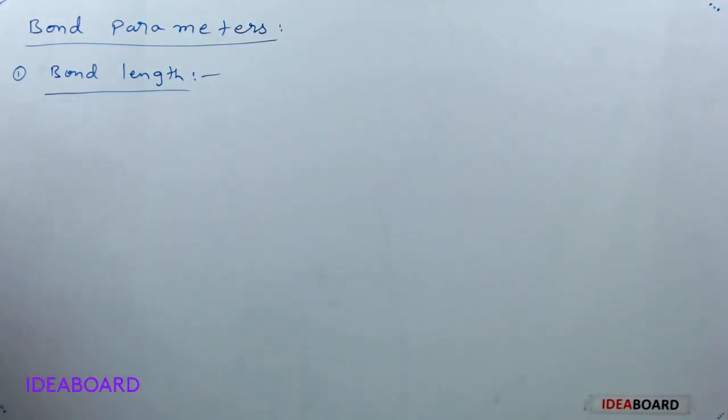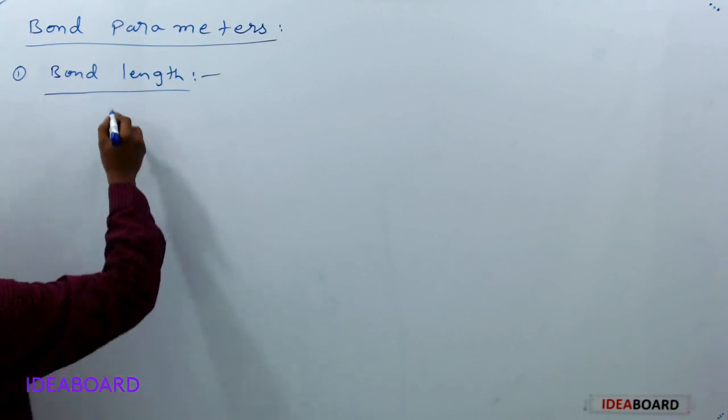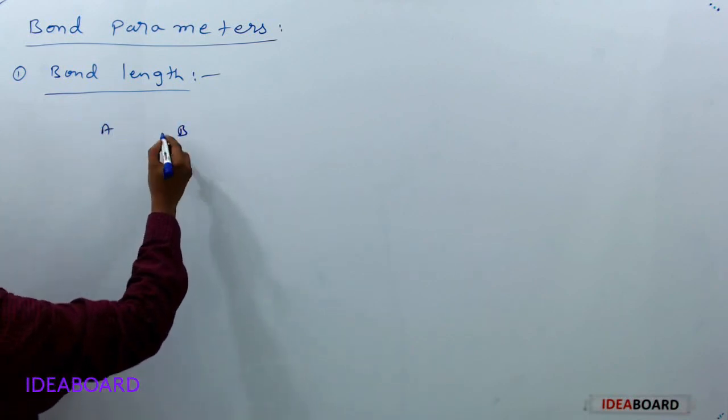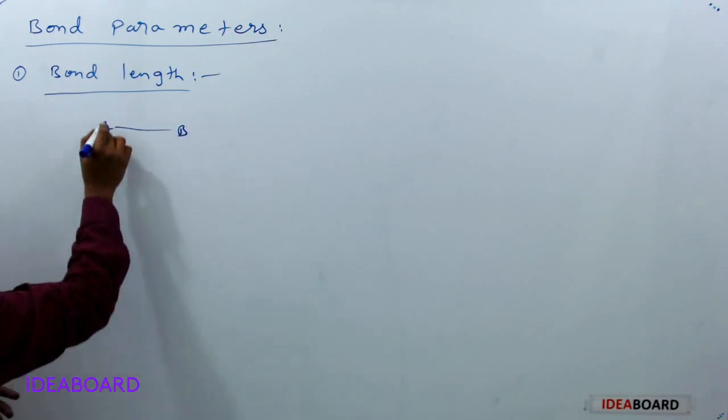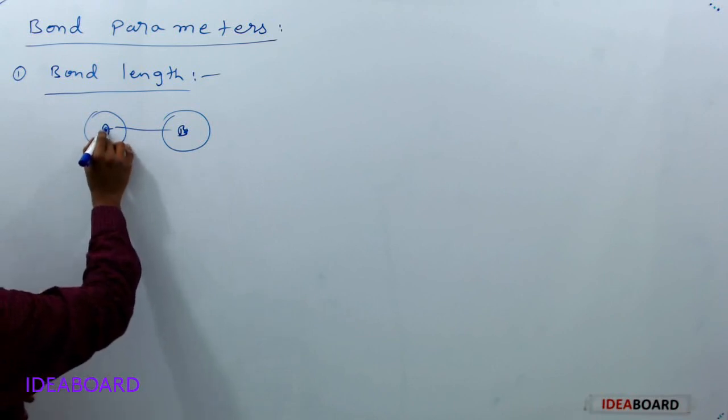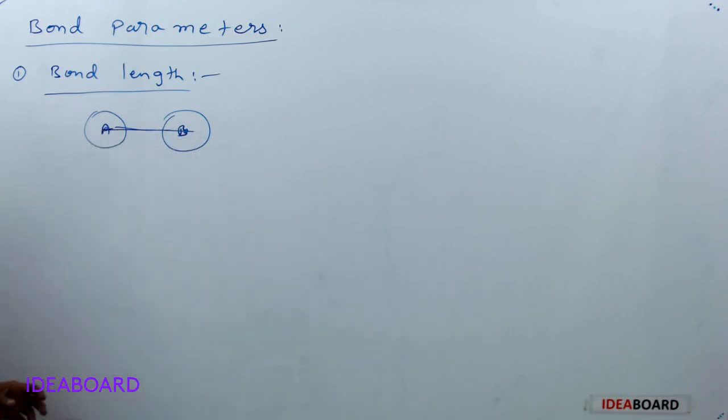What is the bond length here? Bond length is also called bond distance. Suppose there is a bond between A and B, and these are the nuclei. The distance is called the average distance.